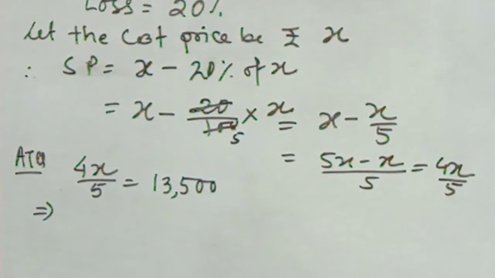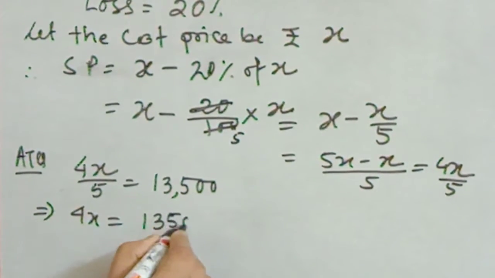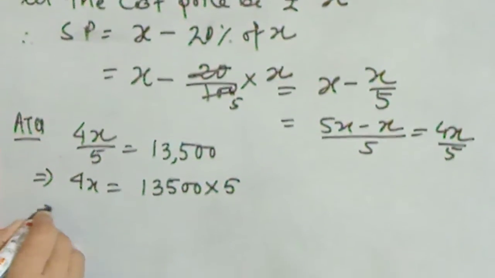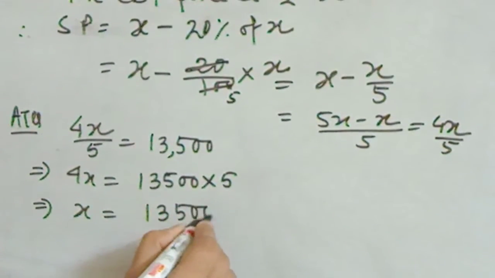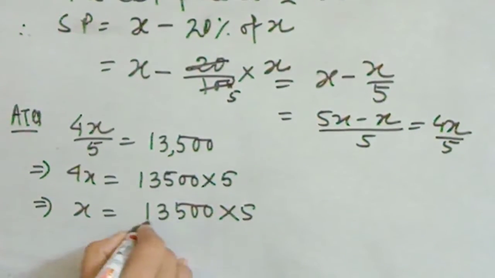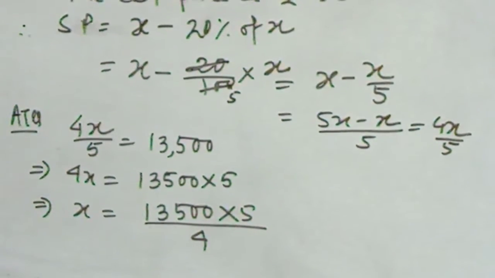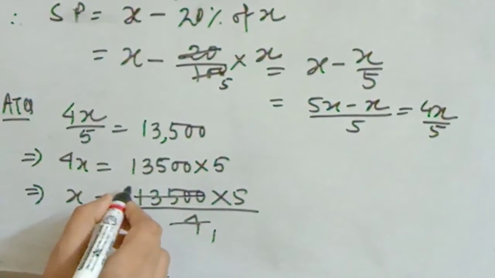Now you know how to separate the variable. Therefore 4X is equal to 13,500 into 5, and X is equal to 13,500 into 5 by 4. Cancel it. 4 ones are 4, 4 threes are 12, so we get 3375.